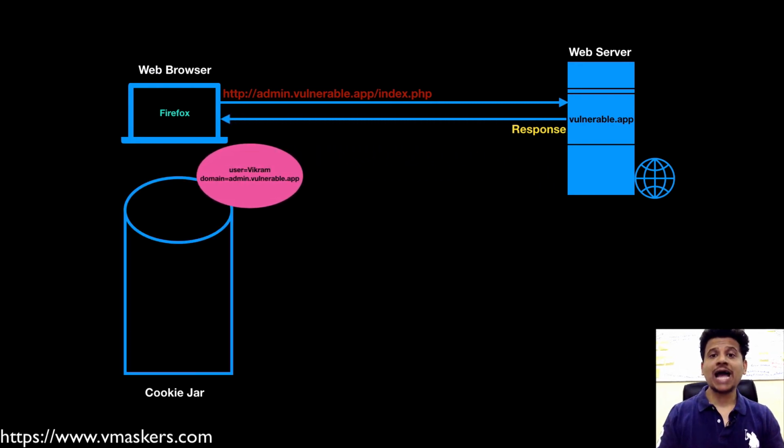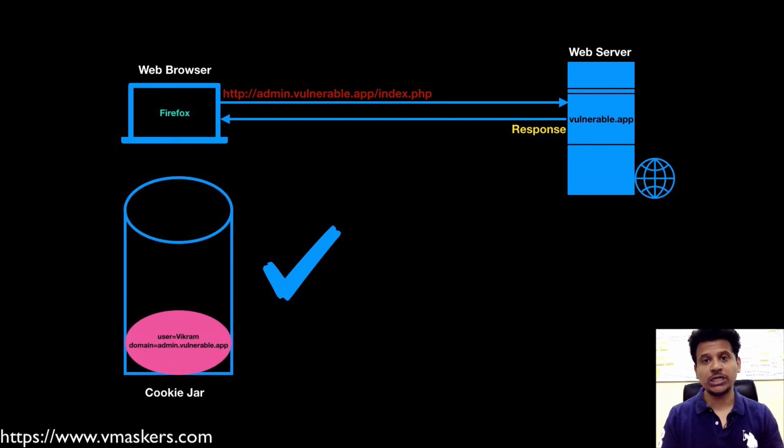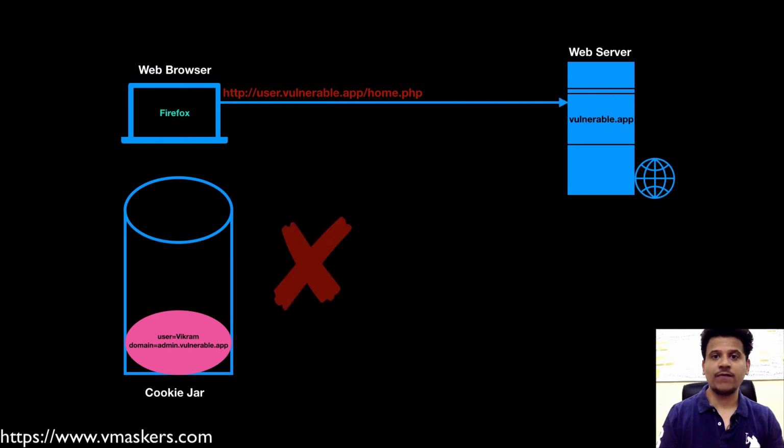Now you visited admin.vulnerable.app and the domain is also set to admin.vulnerable.app, so it will be accepted by the browser and stored inside the cookie jar. Now in the second request you want to visit user.vulnerable.app. So what do you think, will the browser send the cookie or not? No, the browser will not send the cookie with the request because user.vulnerable.app is different from admin.vulnerable.app.